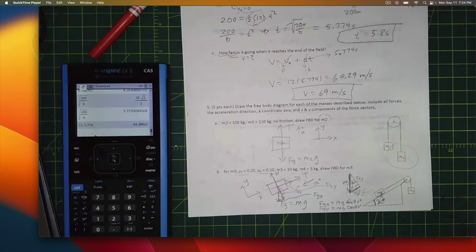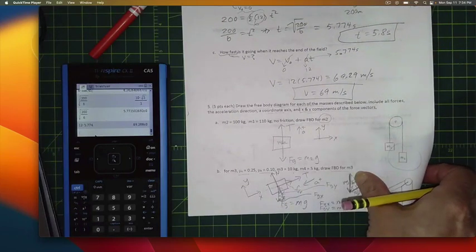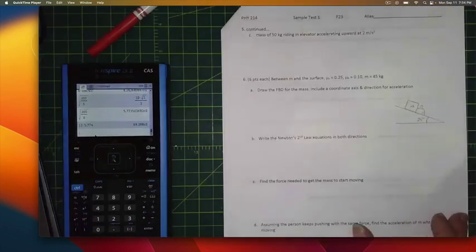We could put in the numbers and get actual numbers, or we can leave it in equation form. That's fine with me, as long as I can see how you're breaking down the components. I think that's all the parts of that one.